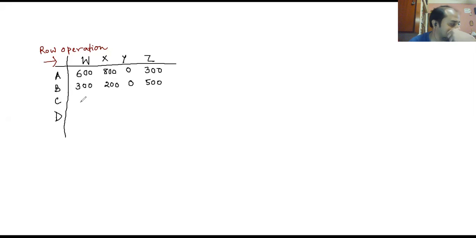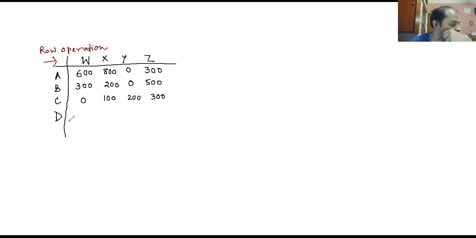Then go to the next row, that is row C. Here the minimum element is 200. So we have got 200 minus 200, that is 0. 300 minus 200, that is 100. 400 minus 200, that is 200. 500 minus 200, that is 300.